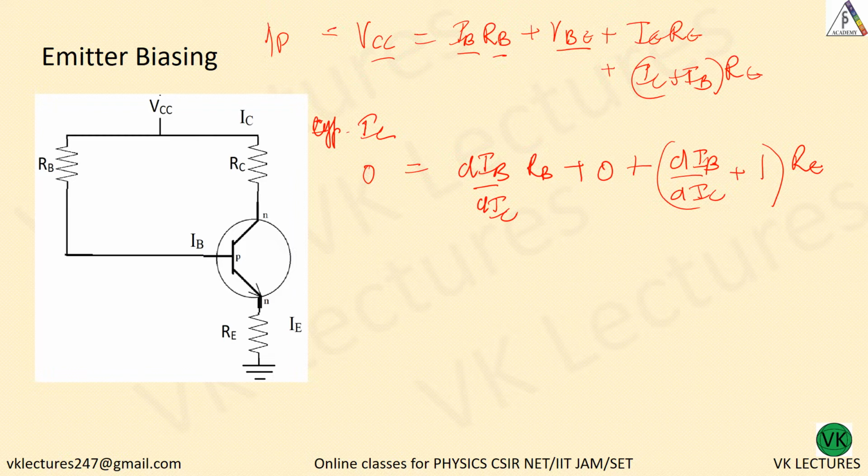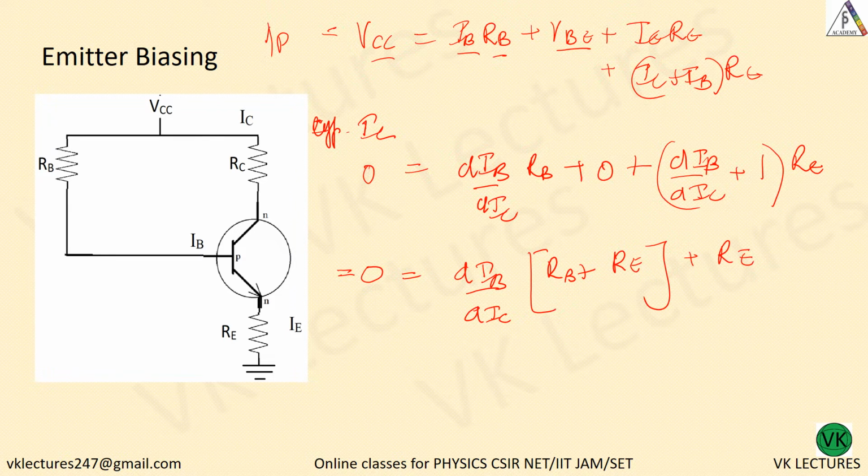Alright, and this quantity what you can do is split it and once again we will write 0 is equal to dIB by dIC into RB plus RE plus RE.